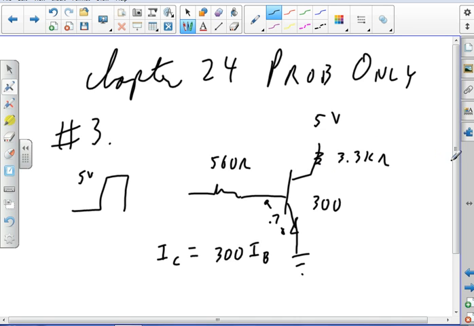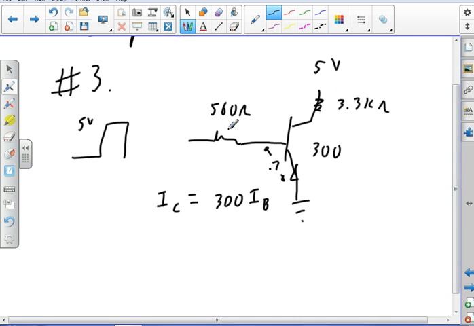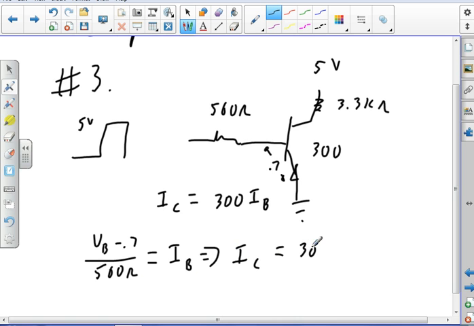Okay, so I think I see that. I have some voltage at the base, minus 0.7, divided by 560, is going to be the current at the base. And then the current through the collector is going to be 300 times that: the voltage at the base minus 0.7, divided by 560.